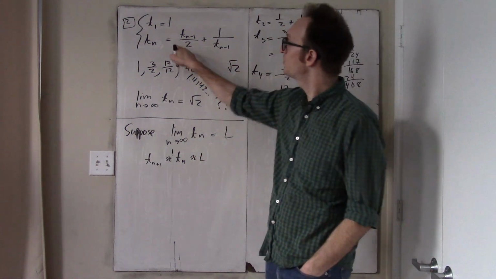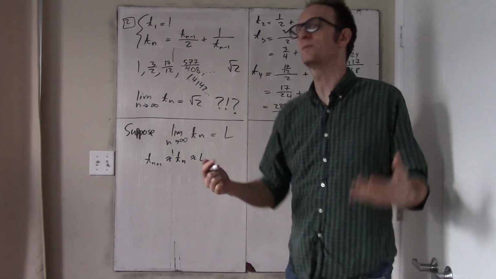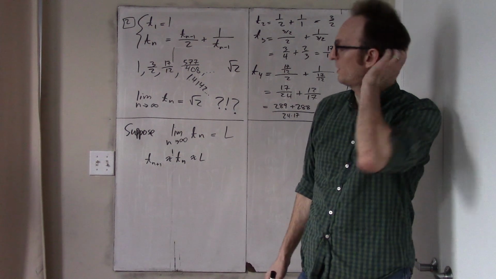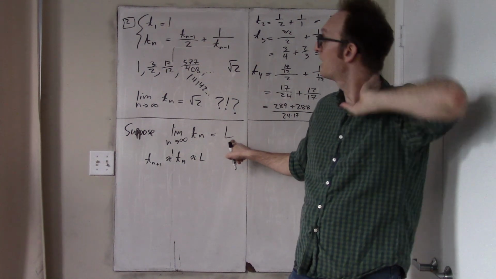When you perform this recursive rule to generate the next term from the previous one, it's just the same thing again. So in other words, on the assumption that this sequence has a limit and that the limit is the number L, what is L?